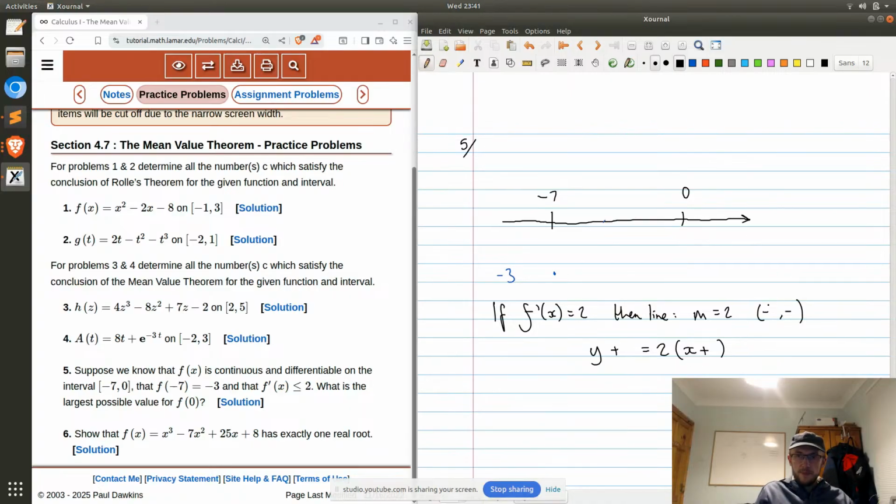Okay. Y minus y1, x minus x1, and (14) take 3 is 11, and so I will be incredibly surprised if 11 is not involved in some way.